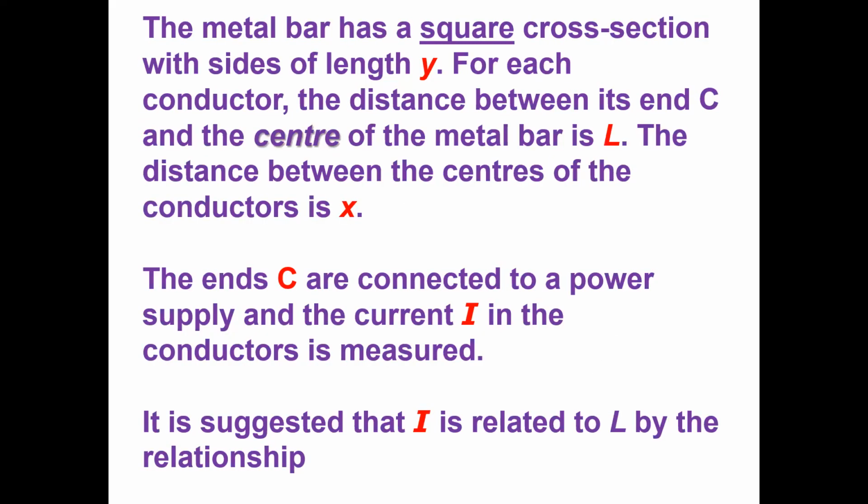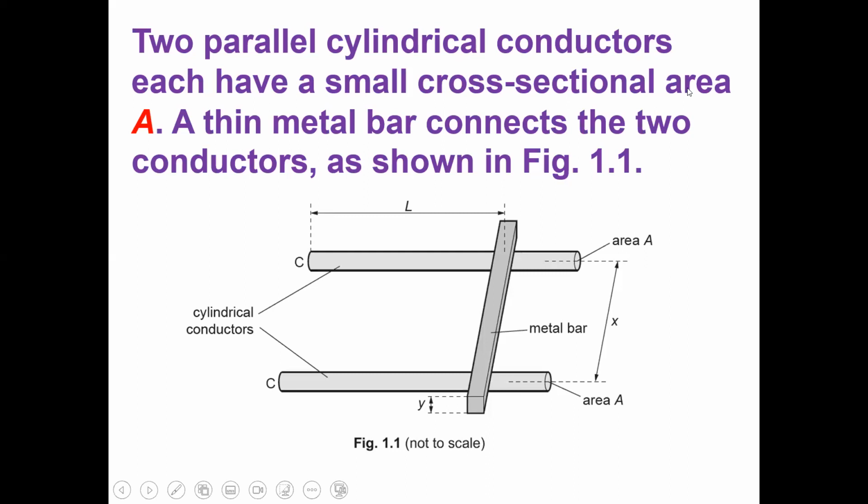If you have read this first part, as I mentioned, you have to be very careful in reading the question. Two parallel cylindrical conductors each have a small cross-sectional area A. A thin metal bar connects the two conductors as shown.